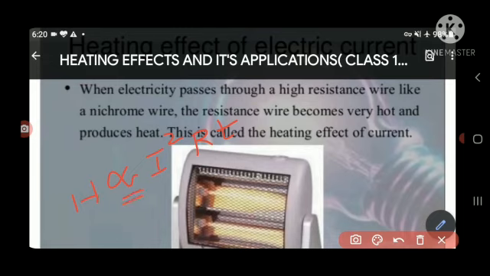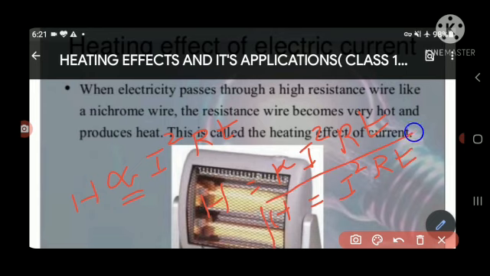So for removing the variation sign, we have to put a constant term over here, and the equation will be like this: H equal to K into I square R T. Here K is a constant. Now if K is equal to 1, then H is equal to I square R T, and that is the mathematical expression of heat generated according to Joule's laws of heating.